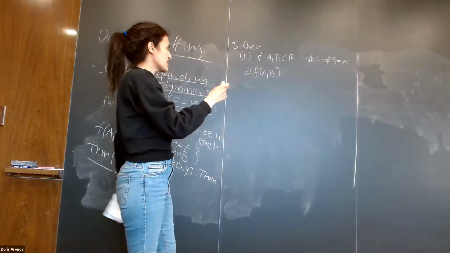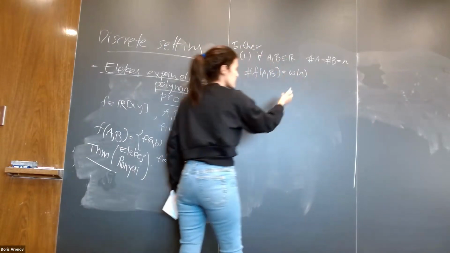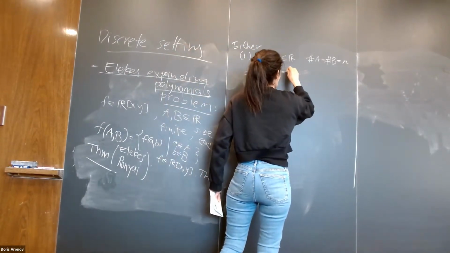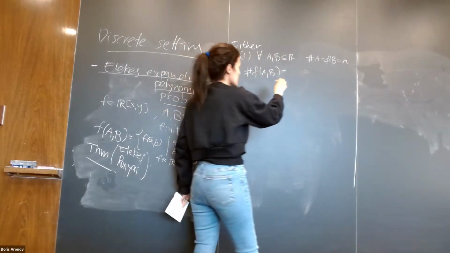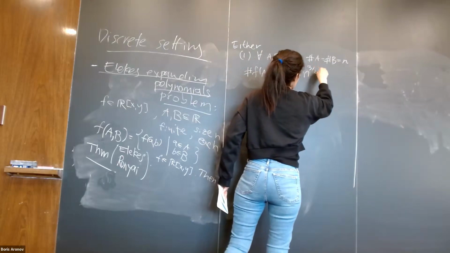So Elekes and Rónyai showed little omega of n, but later it was improved several times, and currently the best exponent is of Solymosi and Zahl. So they show a constant times n to the 4/3.